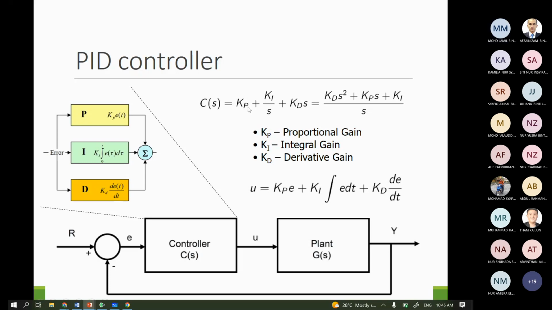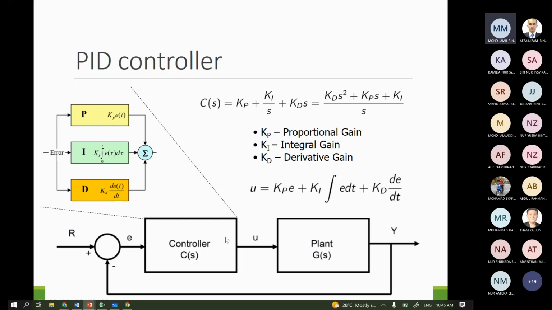The second one is the integral controller, with gain Ki divided by S. So the transfer function for the integral controller is Ki divided by S. Lastly, we have a derivative controller, whose transfer function is simply the gain Kd times S. You can sum all of these together to get Kds squared plus Kps plus Ki over S. This is the final transfer function of a PID controller.